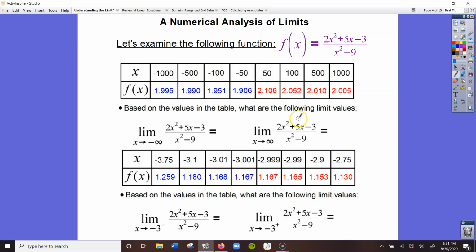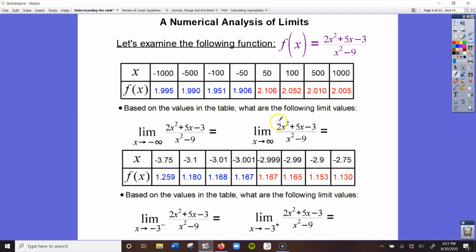Now we're going to examine a new function, and we're going to use these graphs to answer these limit statements. Our function is (2x squared plus 5x minus 3) over (x squared minus 9). Now if we look at these values, this is a chart of x values and its corresponding f of x values, or y values.